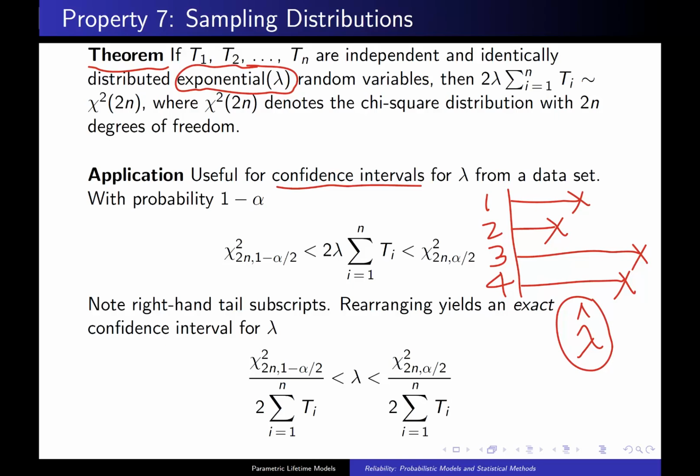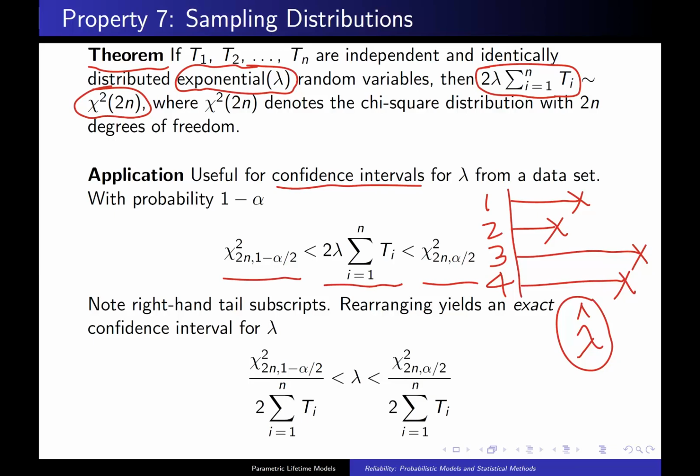So with probability 1 minus alpha, since this quantity right here is chi-squared 2n, we can take that quantity and trap it between the alpha over 2 fractile of the chi-squared distribution with 2n degrees of freedom and the 1 minus alpha over 2 fractile of the chi-squared distribution with 2n degrees of freedom.